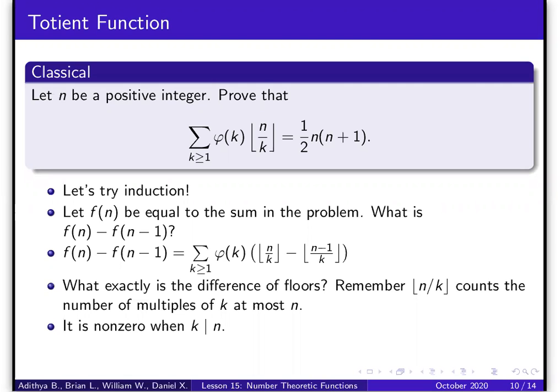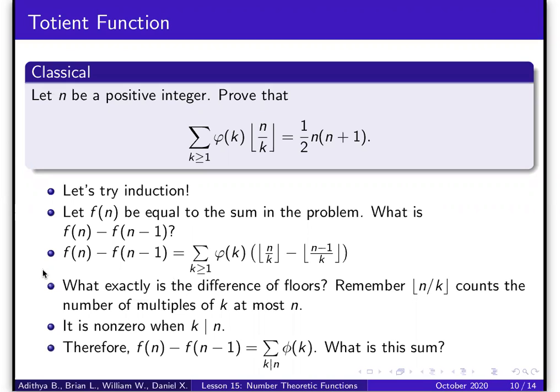So we can ignore all of the terms when k doesn't divide n because that difference is 0. Then our resulting sum is just the sum of phi of k where k divides n. Someone has already said this in the chat, but this sum is equal to n.